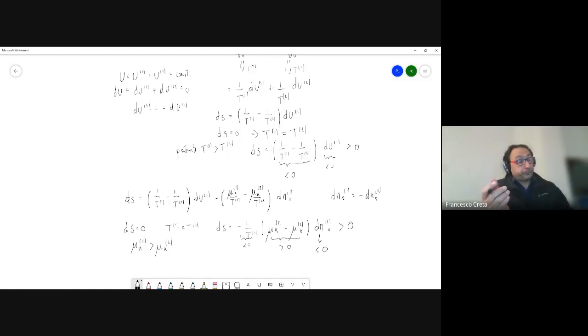Or better still, from a state where the chemical potential is high to a state where the chemical potential is low. So matter is transformed from a state of high to a state of low chemical potential.